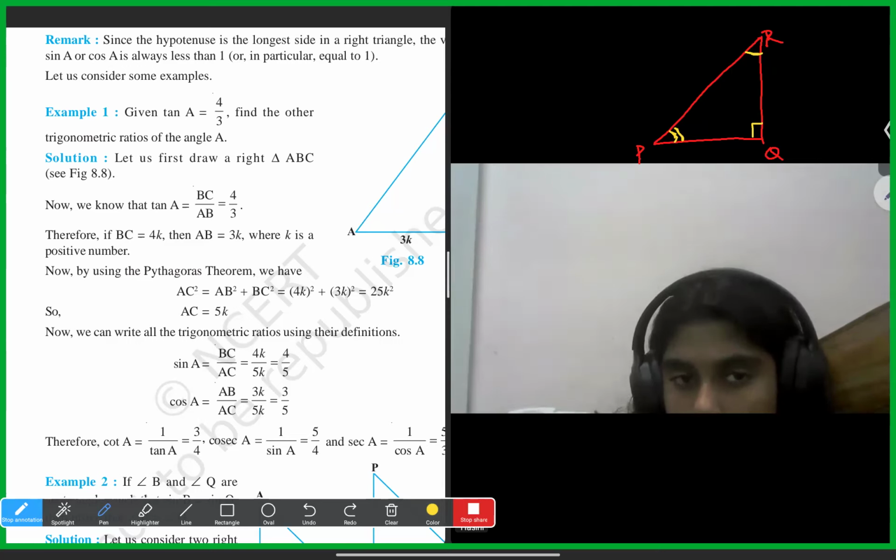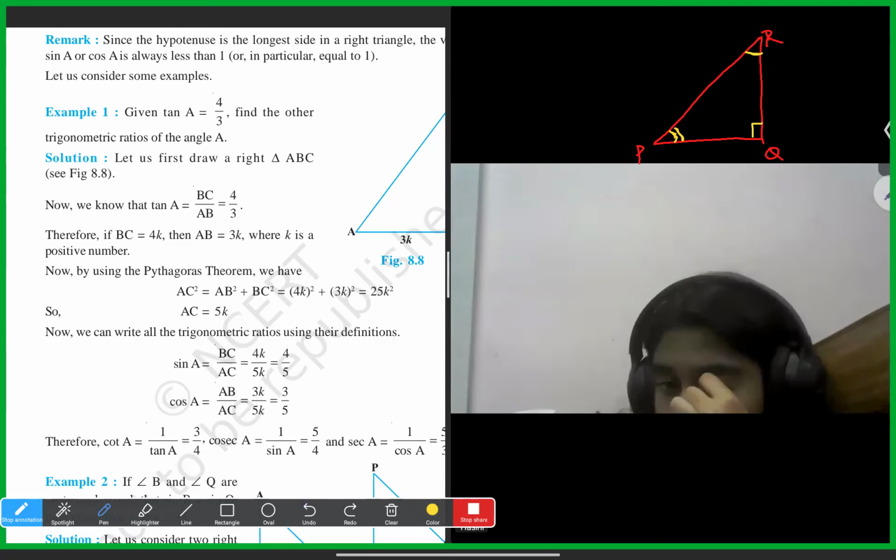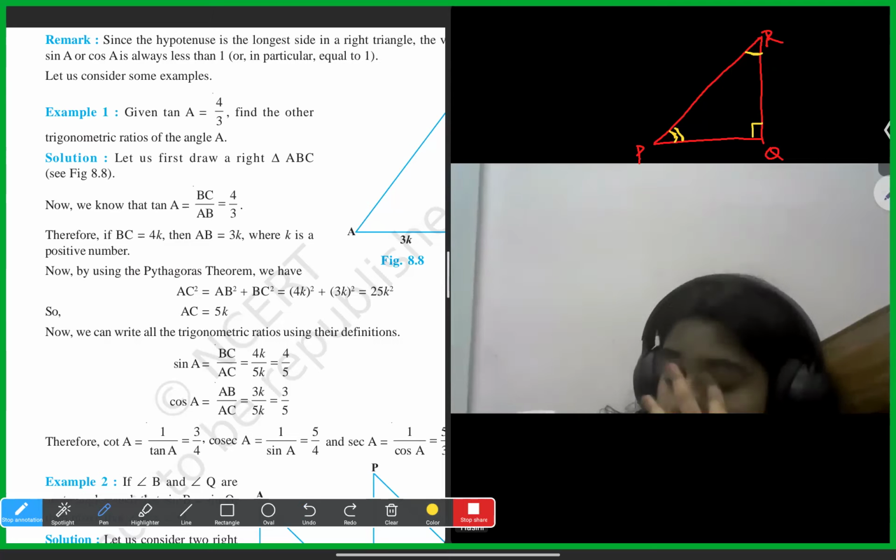So I'll use different ones, and now let us understand from the figure.